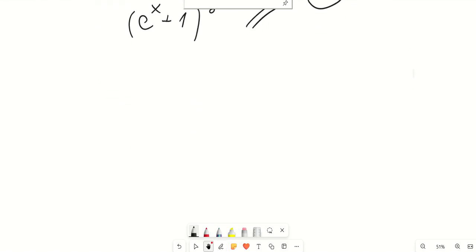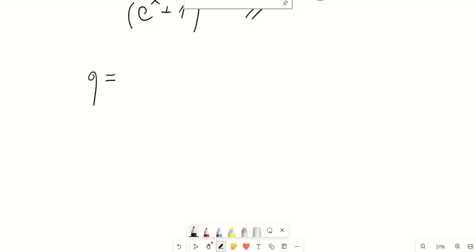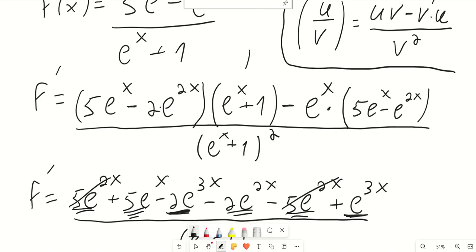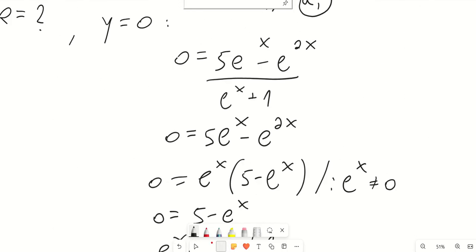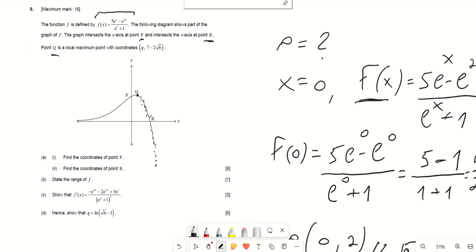Moving on to the final part, part D, I have to show that Q equals ln of square root of 6 minus 1. So Q was given, yeah, a lot of scrolling here, as the coordinate of the point Q, the local maximum point.